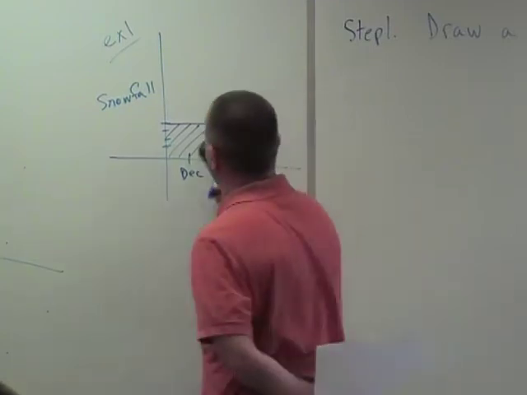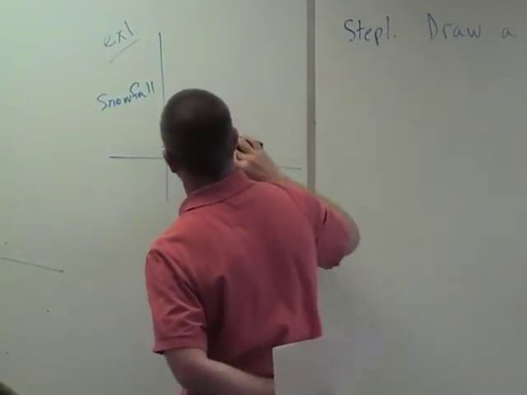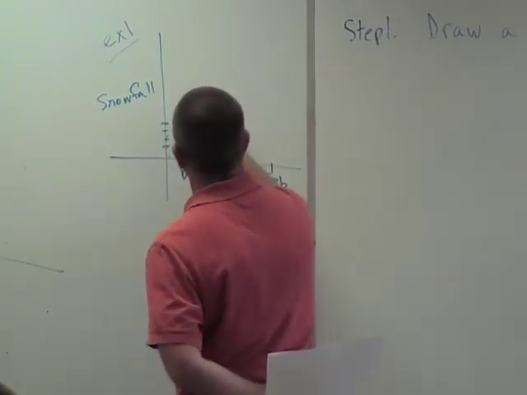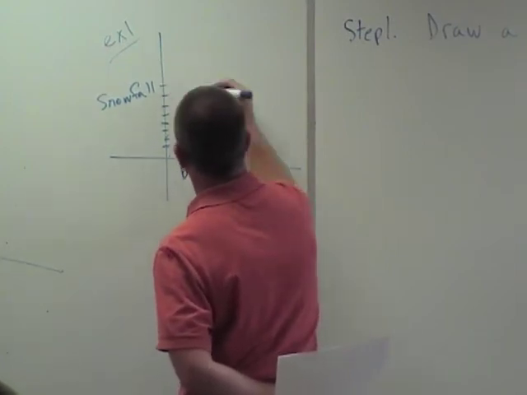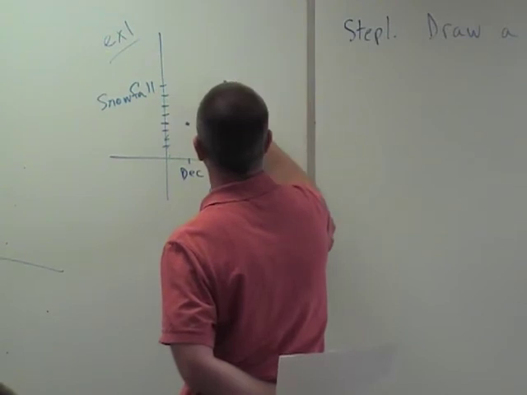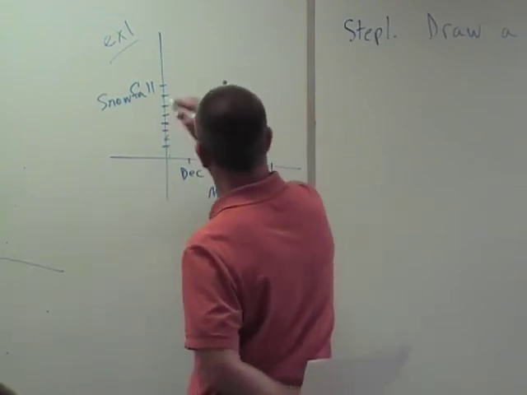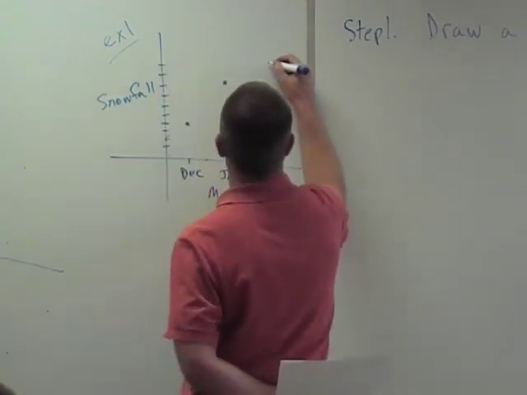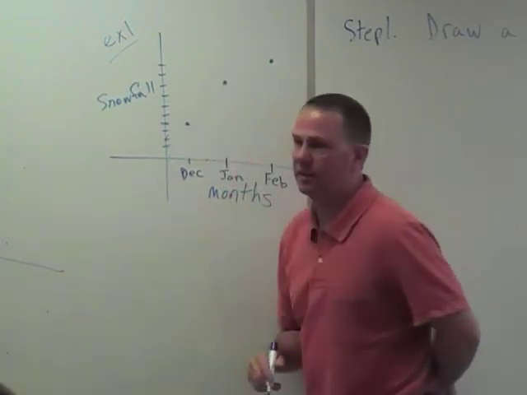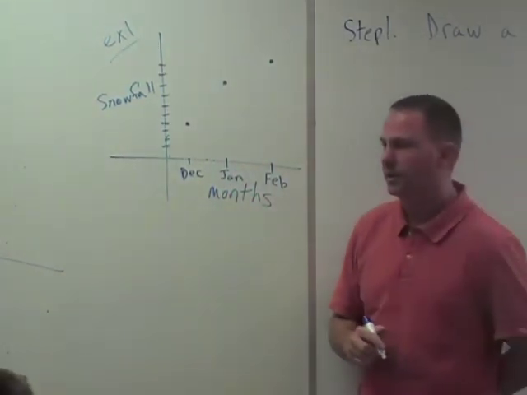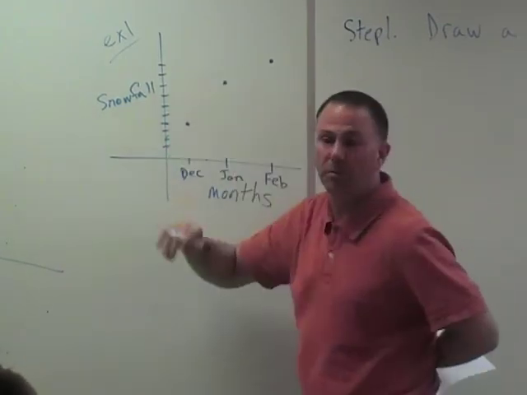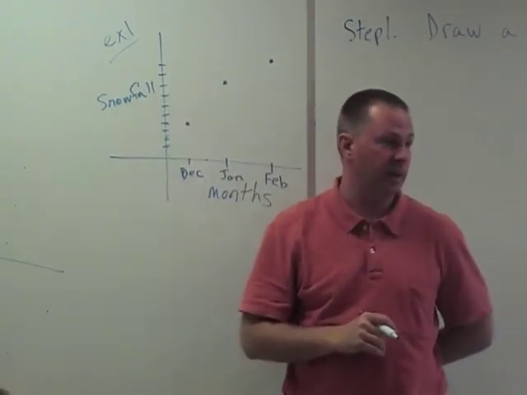I want to do scatter plot. 4 inches. And in January, 8 inches. And in February, we got 10 inches. Would you say that that is a positive or negative correlation? Positive. Now, you'll have a lot more points to deal with than this, and it'll be very obvious.